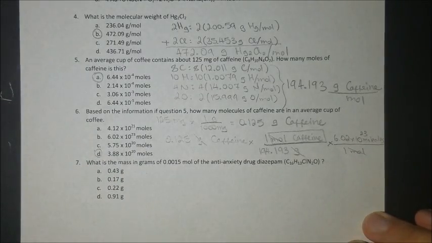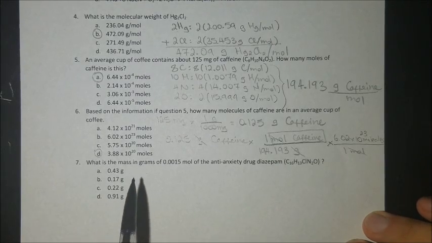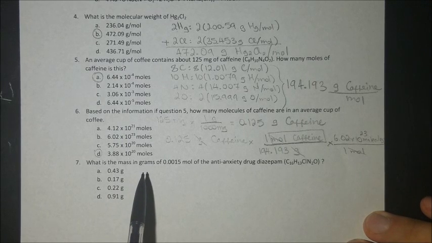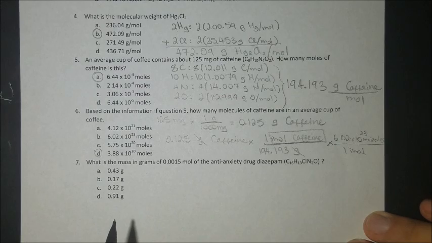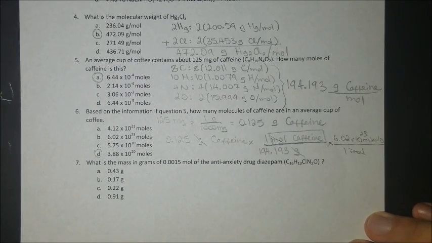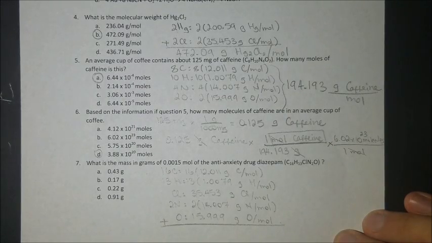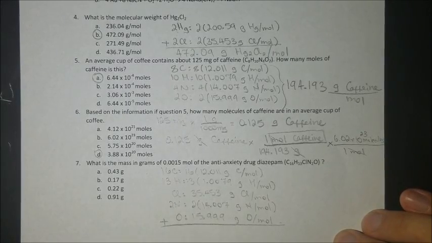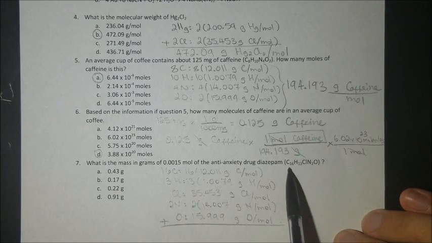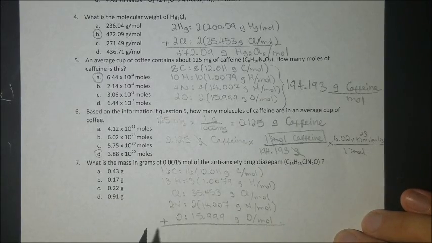Number 7 gives us a molecule called diazepam and asks us to calculate the number of grams there are in 0.0015 moles of this drug. What I did here was go to the periodic table, find the molar masses of each of the elements in this molecule, and calculate what the molar mass of this molecule would be.